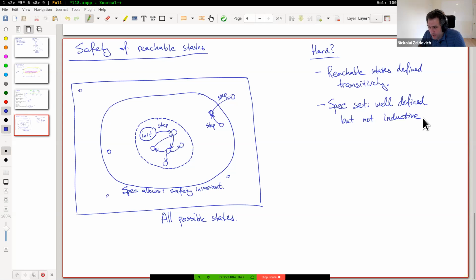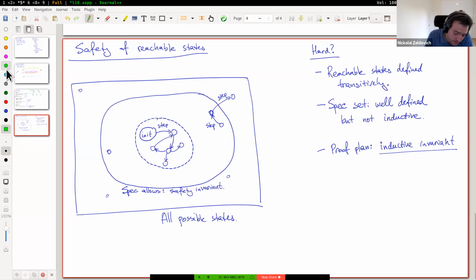All right. And the usual story that we've told you several times is that the proof plan for how to deal with this difficulty, at least in Ivy's case and in many other unbounded systems, is to find some kind of an inductive invariant.